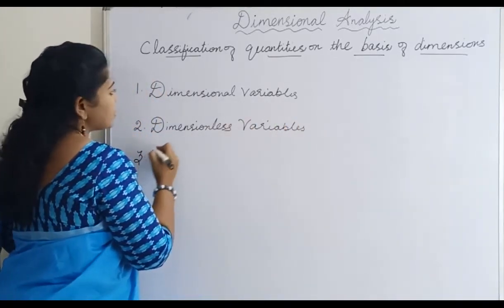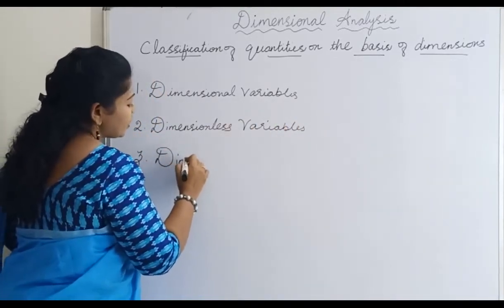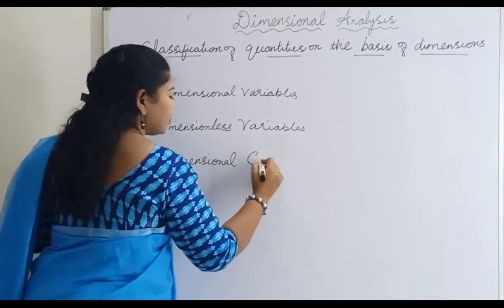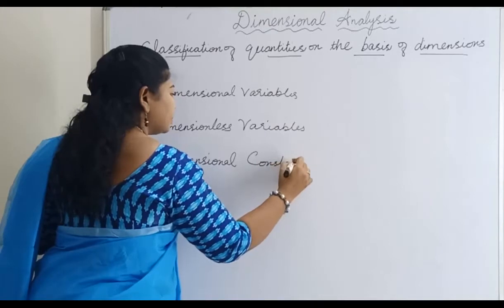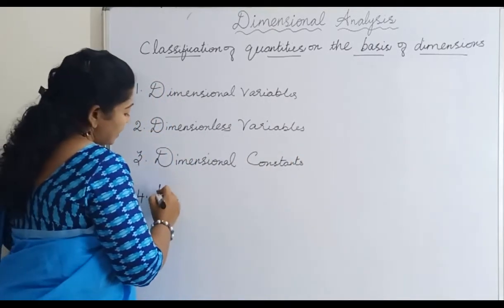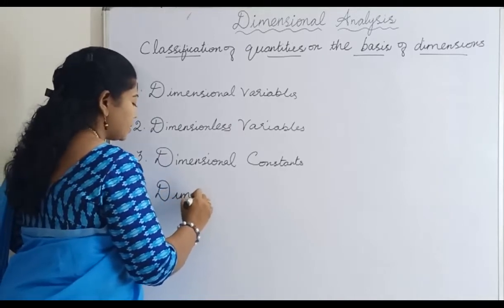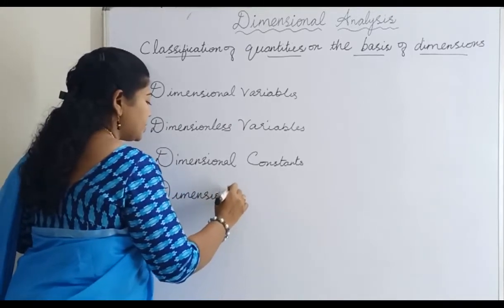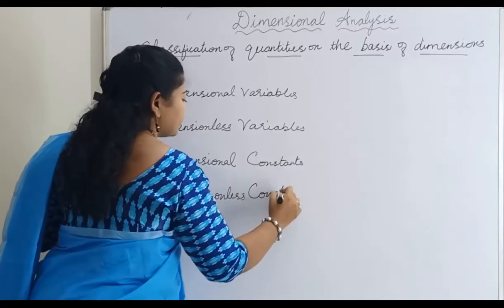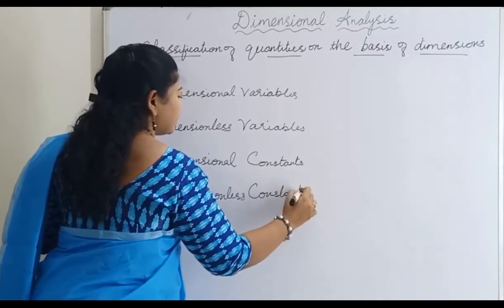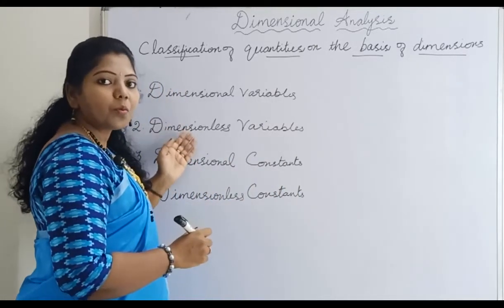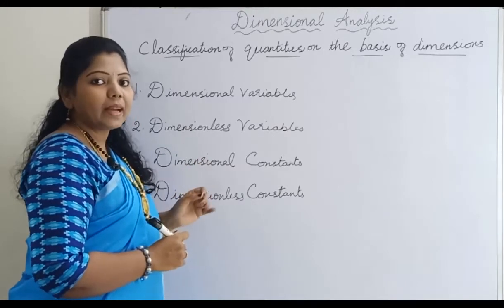The third one is dimensional constants. And the fourth one is dimensionless constants. Okay, so we have classified into four types on the basis of dimensions.